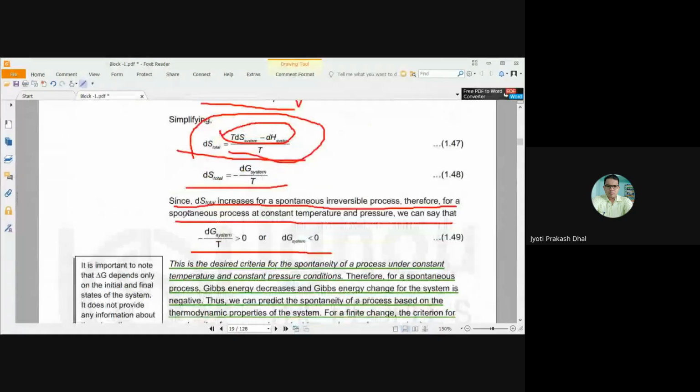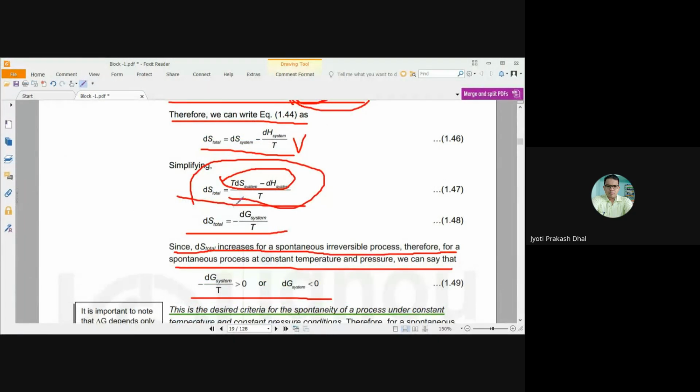So dS total equals minus dG system divided by T.